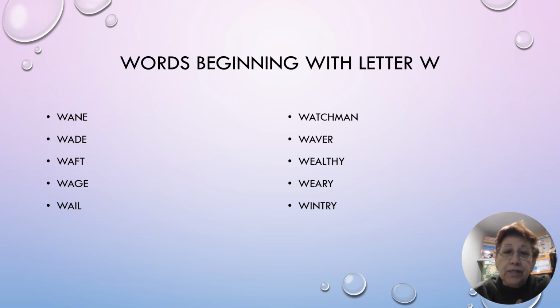Wintry. The wintry months of the year are December, January, and February, right? December, January, and February. Wintry, the wintry months, the cold months, just like winter, like there's wintry and winter.